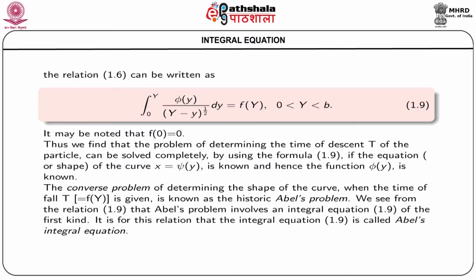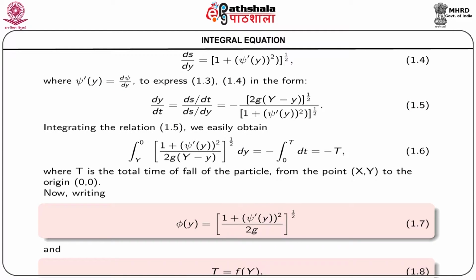Here the total time of fall capital T in equation 1.6 is a function of capital Y, the initial point capital XY from where the particle started to descend.